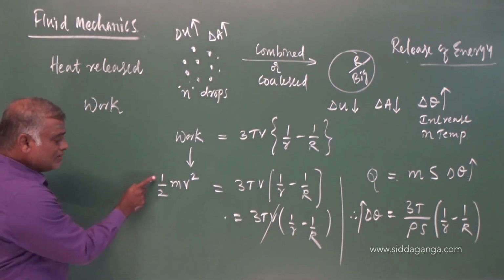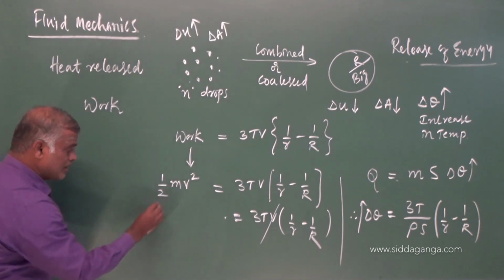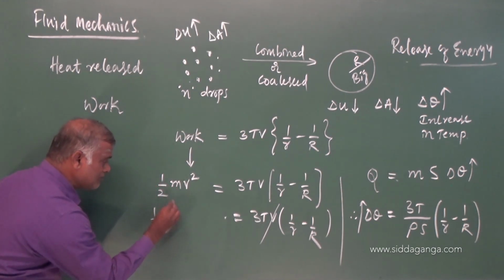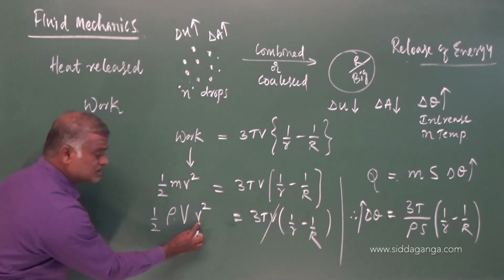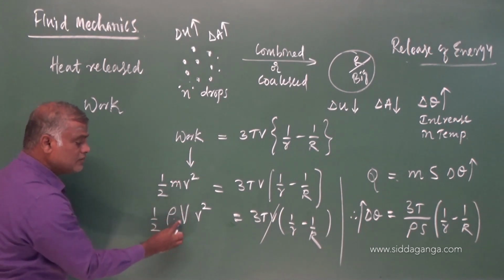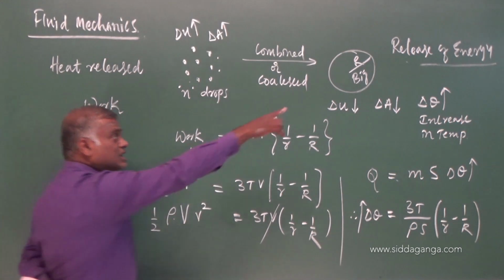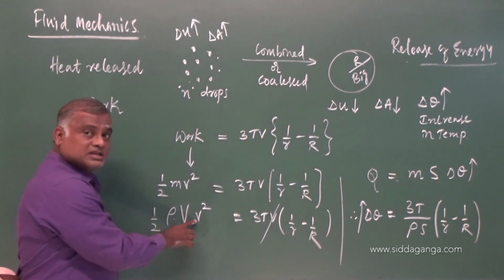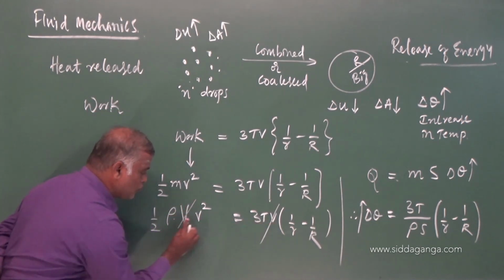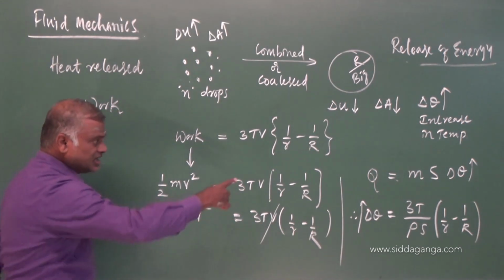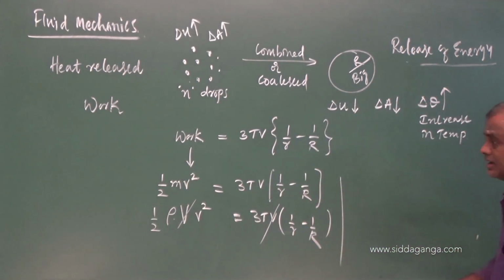So with that, 1 by 2 m v square, again mass is density into volume, into v square. Don't confuse small v and capital V. Big V is the volume of this bigger drop, small v is velocity. So again the volume cancels, cross multiply. Now one more answer, you will get v square.